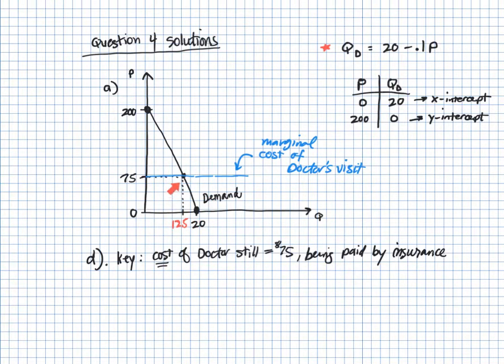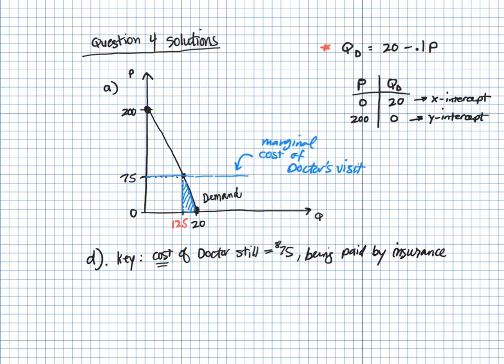Those last 7.5 doctor's visits that Bob chooses to get now that he doesn't have to pay for any of them. And we see on those last 7.5 visits, the benefits Bob gets are given by the area of that blue triangle here.